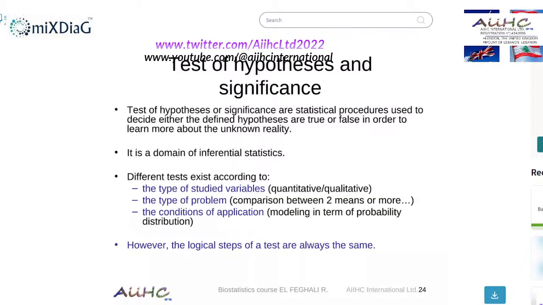So test of hypothesis, just to introduce those modules and to tell you they'll be clear, maybe with my voice or an AI voice, and the type of studied variables. You could see type of problem: comparison between two means or more.